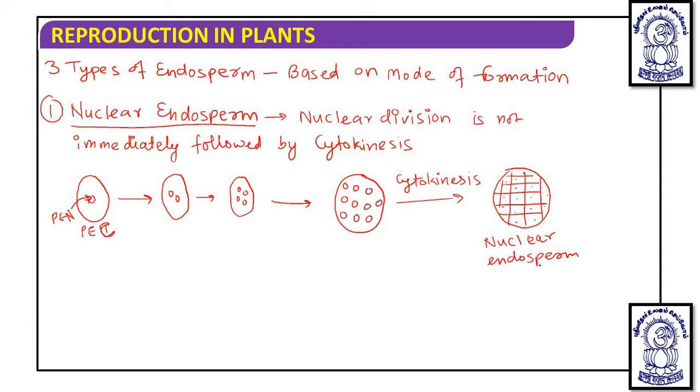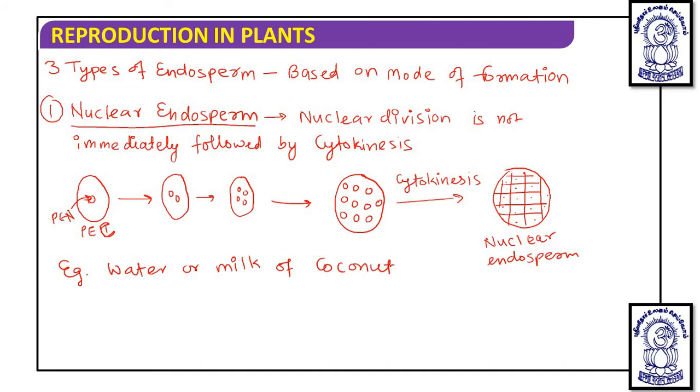Now I hope you know that in coconut, in the central region, you will find the water of coconut. That water of coconut which we drink is an example of this endosperm. So watery or milky liquid endosperm is an example of nuclear endosperm. The example is water or milk of coconut.